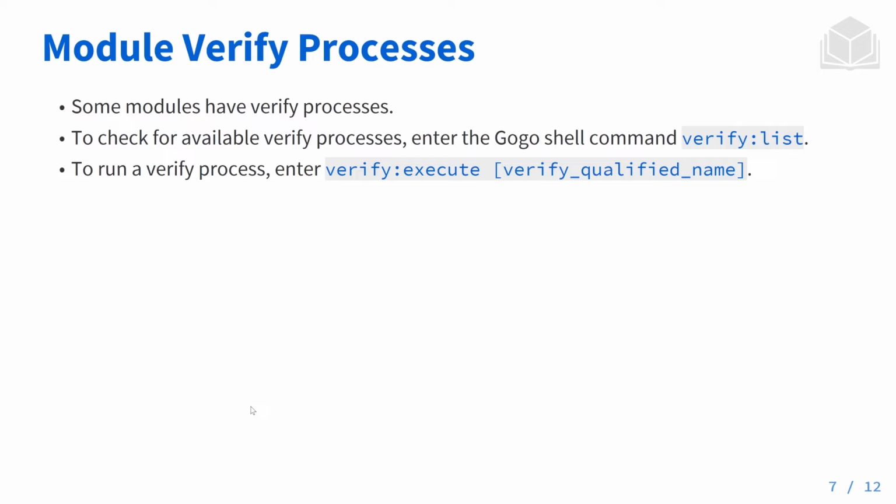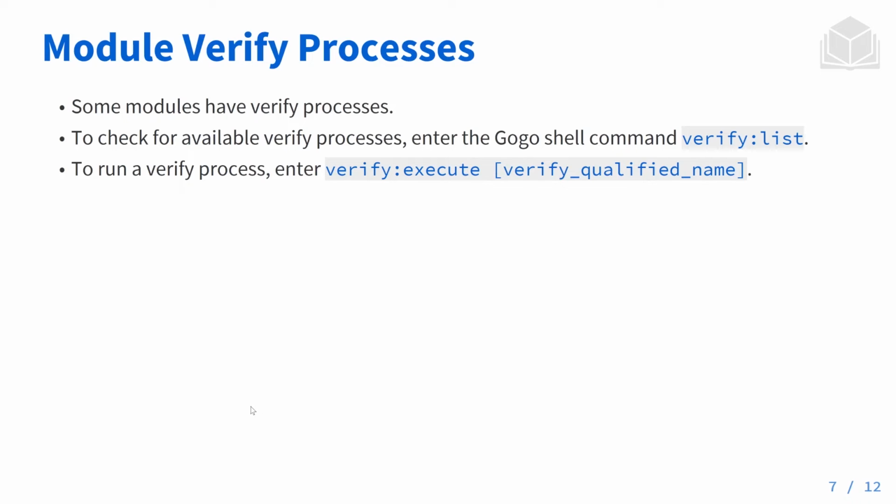That verify portion is very important since there are multiple list commands. So to run the verify process, you run verify:list, get a list of modules, and then if you want to verify a specific module, you'll use verify:execute and then the qualified name that came from the verify:list. It goes through and lets you know whether the data is good or not.